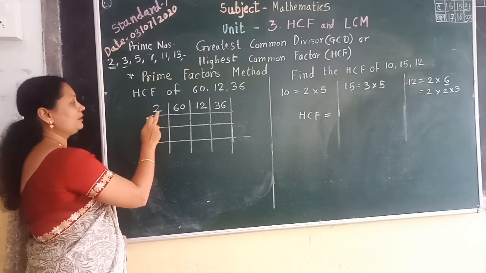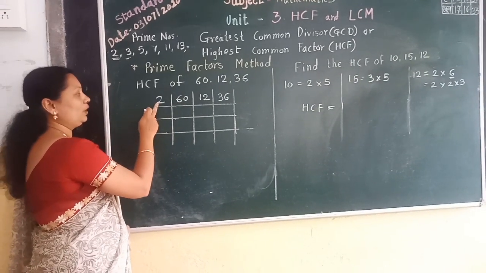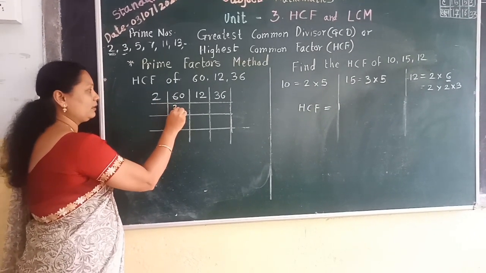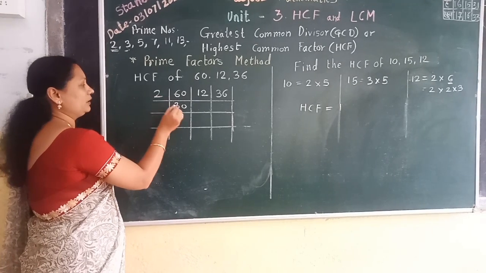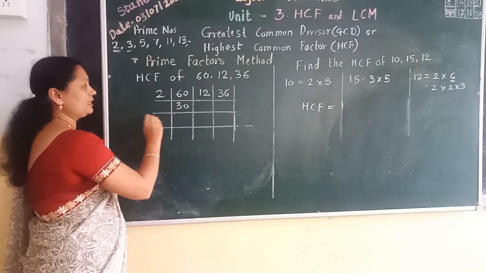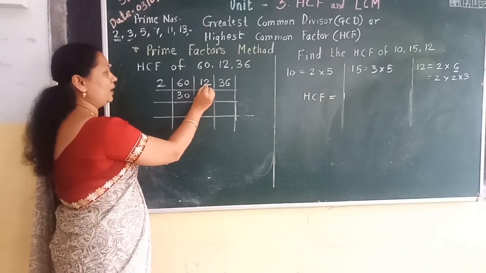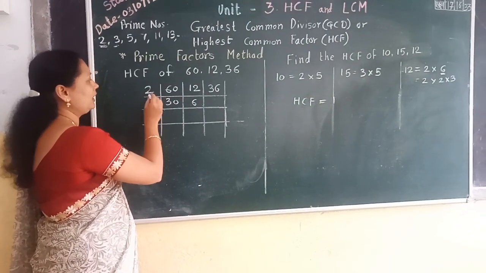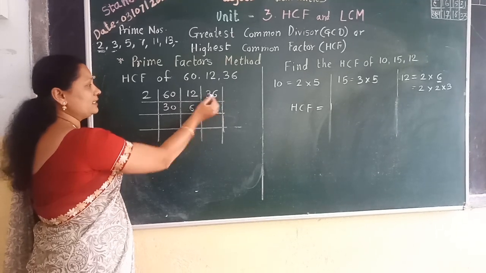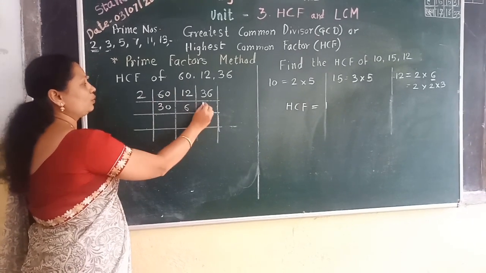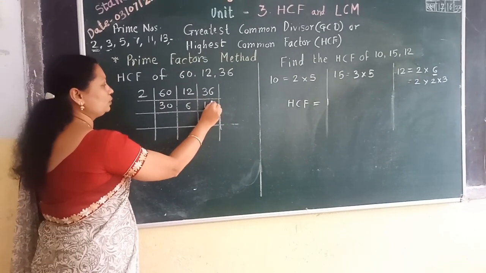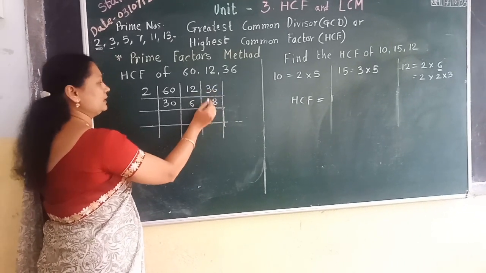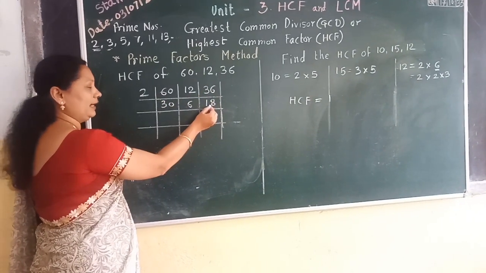Now divide 60 by 2, we will get answer 30. Now divide 12 by 2: 2 6s are 12. Now divide 36 by 2: 2 18s are 36. We will get answer 18.